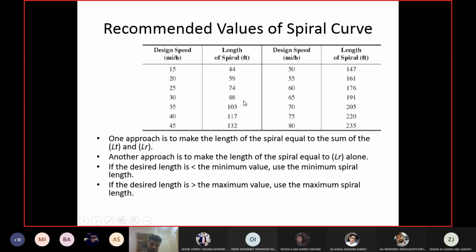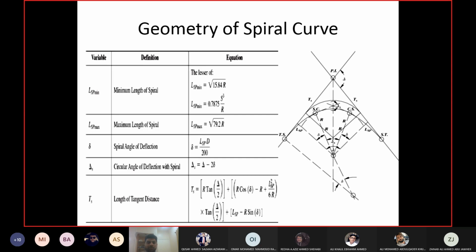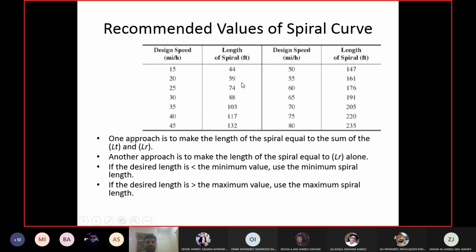If the value given in the table is between the values you get from the minimum and maximum equations, then the value from this table can be taken as the length of the spiral curve. Those equations are only giving you the range. Now I am telling you which value exactly you can take.